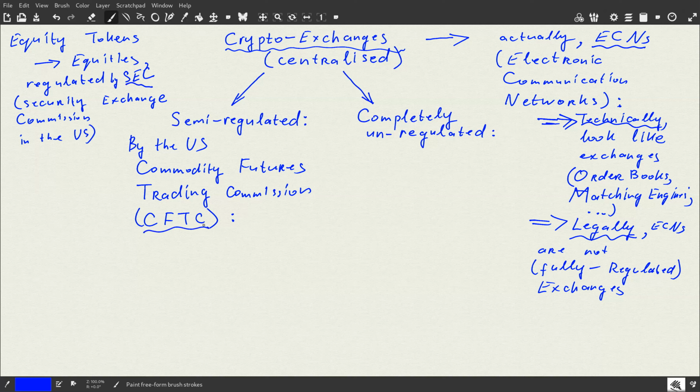So there are two regulating bodies in the United States, SEC and CFTC. SEC is for equities, and non-equity tokens, as we know, utility tokens, are considered to be commodities.